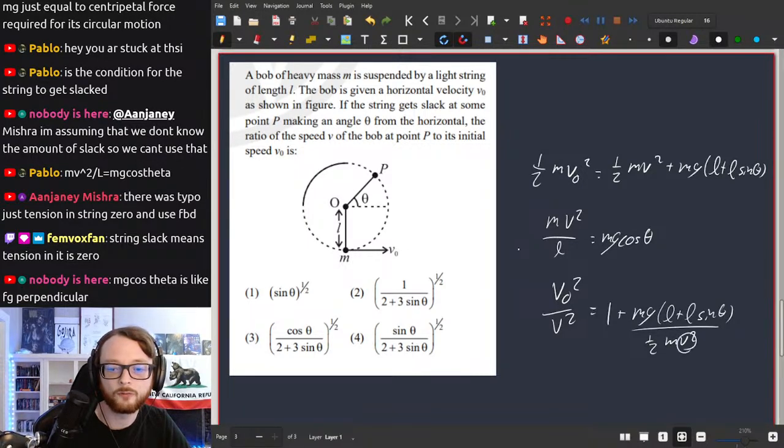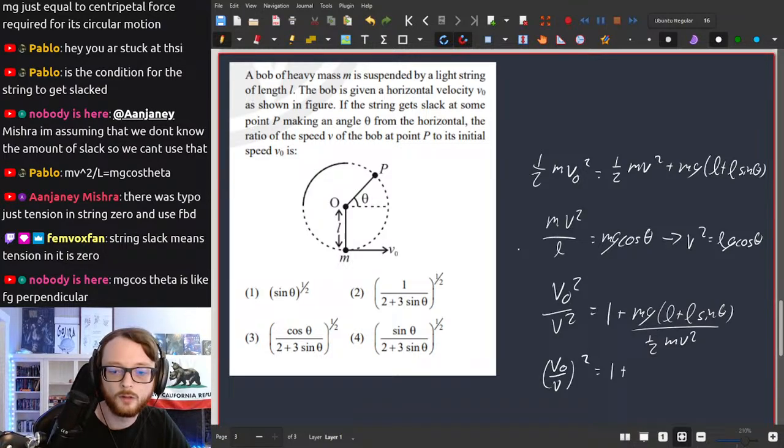I think I didn't like this v squared on the bottom, but we can use this equation to sub out that v squared. Lg cosine theta. M's cancel, the 2 comes up top, that v squared becomes Lg cosine theta. The L's cancel, the G cancels.